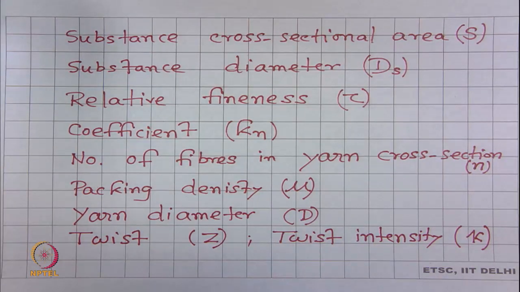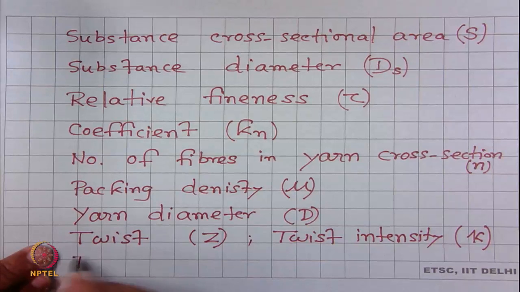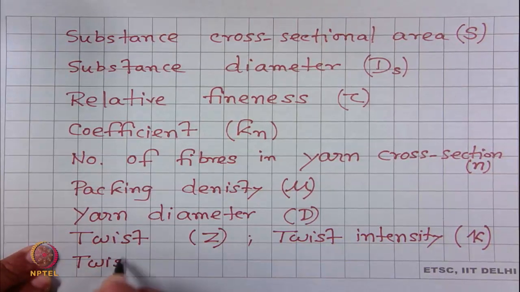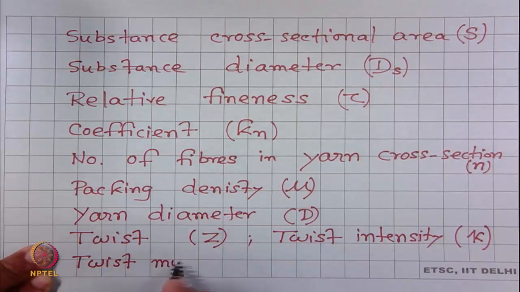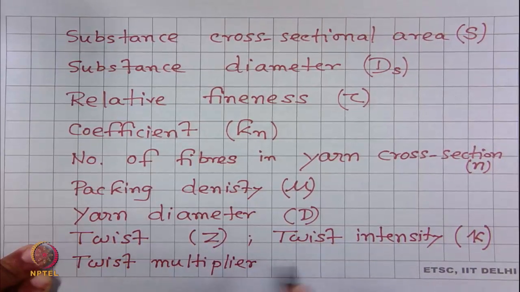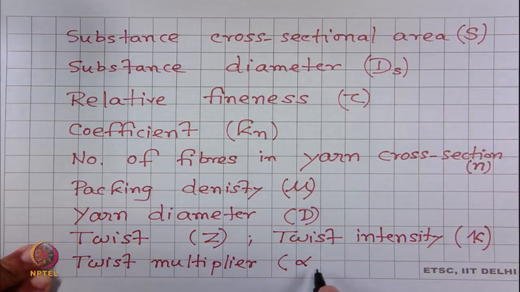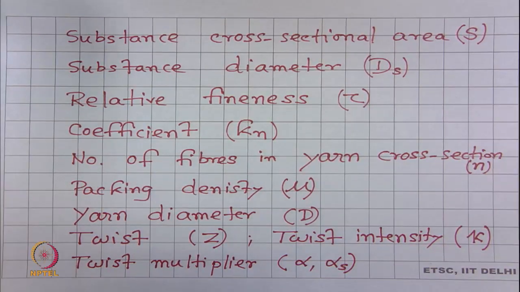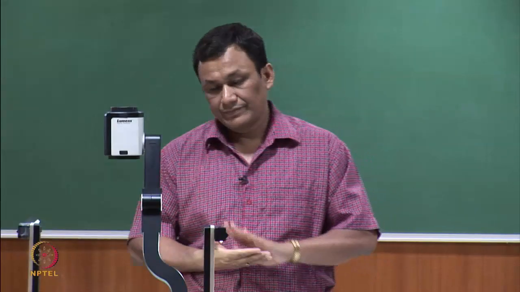Then at last we talked about twist multiplier or twist coefficient, we use alpha s. Right. So, these are the basic characteristics of yarn that we have discussed so far.